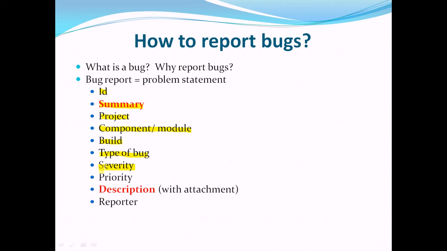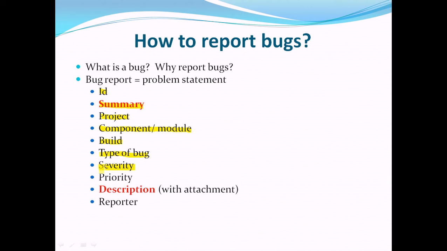So a showstopper kind of a bug could be that you are not even able to log into the system, and therefore unable to do any work at all. So the entire system is out of reach for you. That is a kind of a showstopper severity bug.